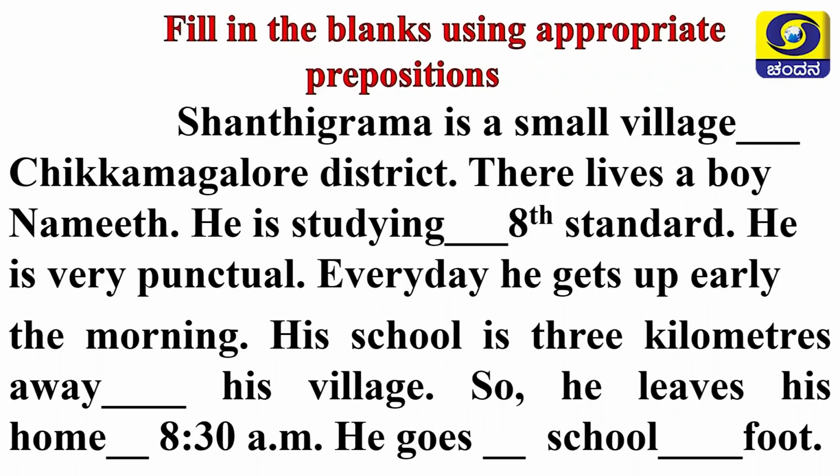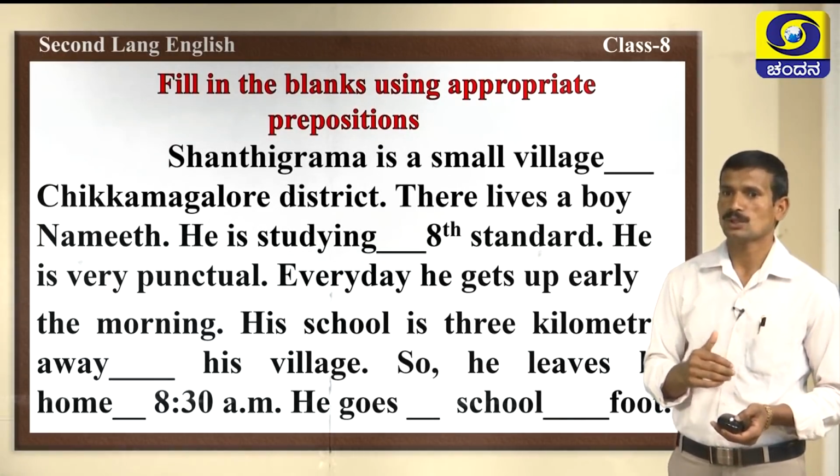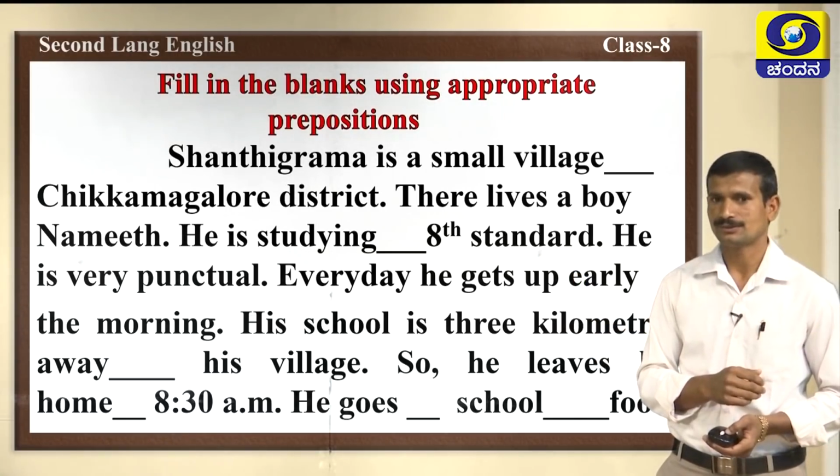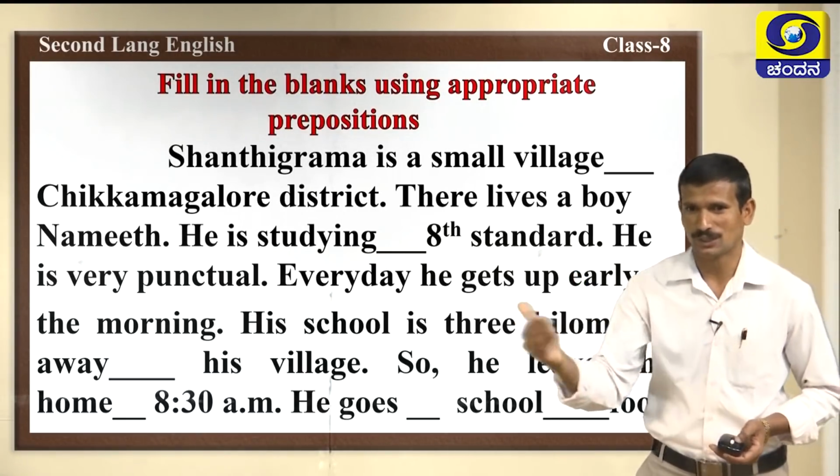His school is 3 kilometers away dash his village. So he leaves his home dash 8:30 a.m. He goes dash school dash foot. What are the prepositions we can use here? Can you guess? Yes, very good. Let us know the answer.